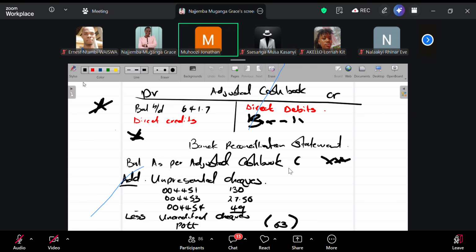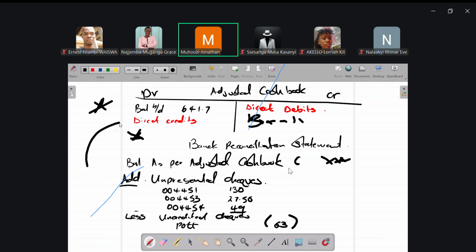Madam, I wanted to ask about the unticked items on the bank statement. If there are unticked items on the debit side, those are direct debits? On the debit, no. In the bank, remember that rule: if it's on the debit, it should be on the credit in the cash book. So those will be direct debits, and they come to the credit side.